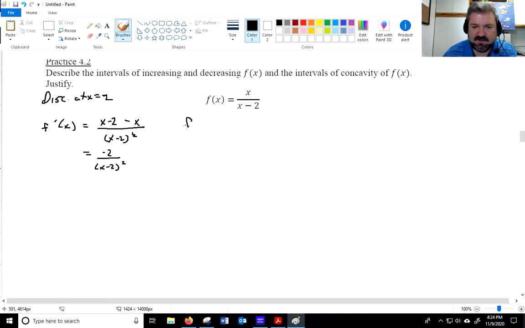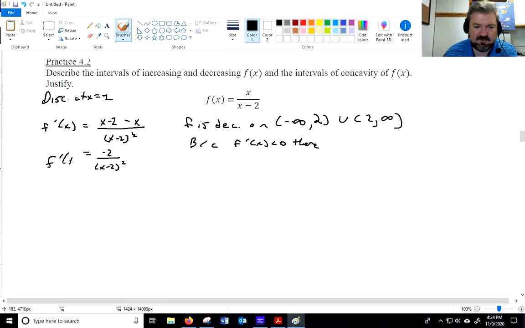So I'm going to go ahead and say that f is decreasing on the interval from negative infinity to 2, union 2 to infinity. The reason why is because f prime of x is negative there. Let's take the second derivative.